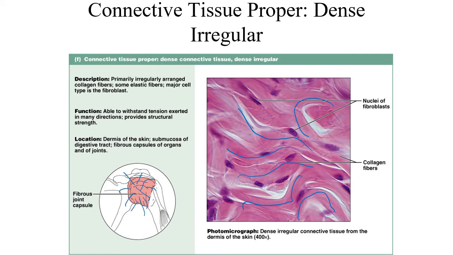So we find them a lot in joint capsules surrounding a particular joint, and it's going to be able to resist motion in multiple directions. We find them in part of the skin, and this gives some of the resiliency to the skin. We can pull on it and tug on it and poke it, and it doesn't fail.